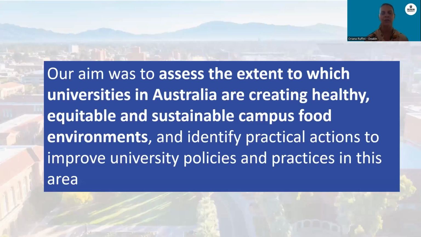So with that in mind, our aim was to assess the extent to which universities in Australia are creating healthy, equitable and sustainable campus food environments, and to identify practical actions to improve university policies and practices in this area.